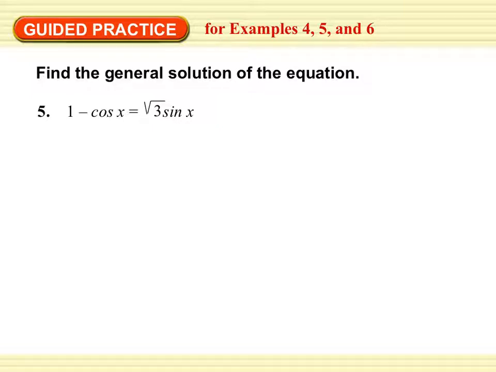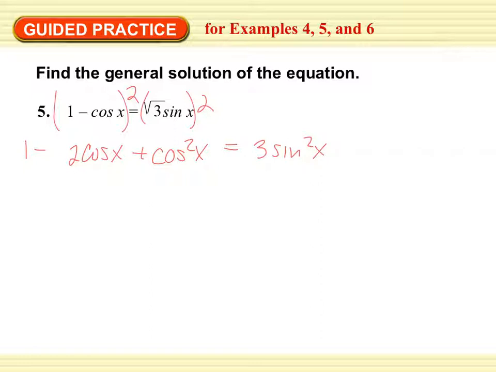I think we square both sides. I get 1 minus 2 cosine x plus cosine squared x equals 3 sine squared x. The right side goes 1 minus cosine squared x, 3 minus 3 cosine squared x.